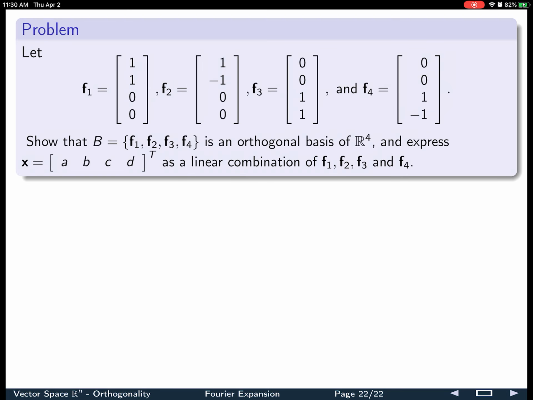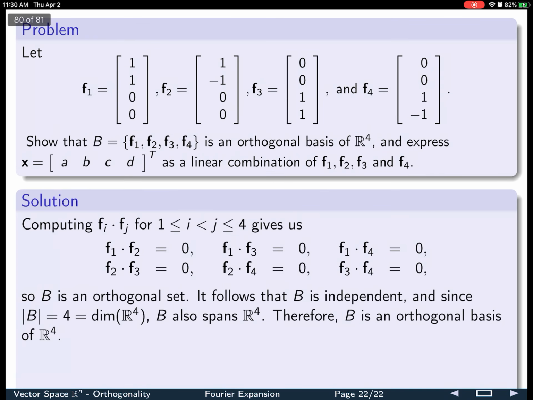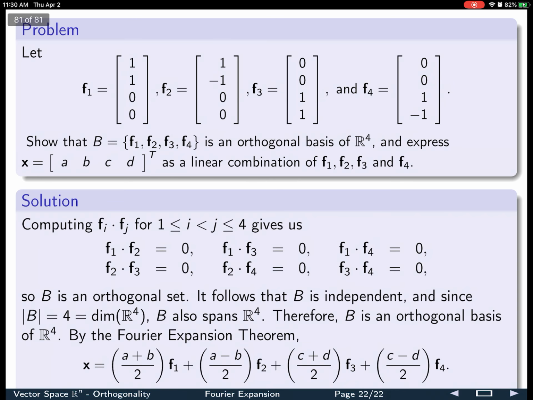And then here's just another example where we're given four basis vectors and we want to express this a, b, c, d vector as a linear combination of the four basis vectors that we're given. We need to start out by taking some dot products. I guess that's just verifying that our given basis is an orthogonal set.